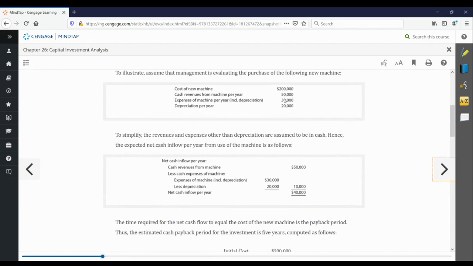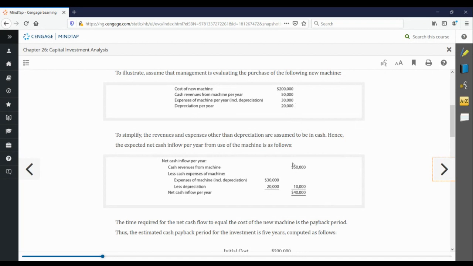For the example that you're looking at here, they tell you that they think they're going to have $50,000 in cash that's going to result from the purchase of this new machine. In other words, this new machine is going to generate some cash for our customers, and that cash amount was $50,000. We're going to subtract out the cash expenses of the machine. The expenses of the machine would include the depreciation.